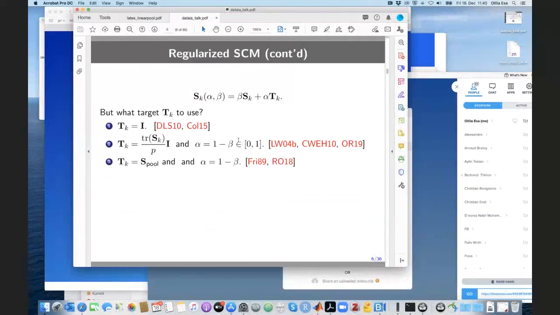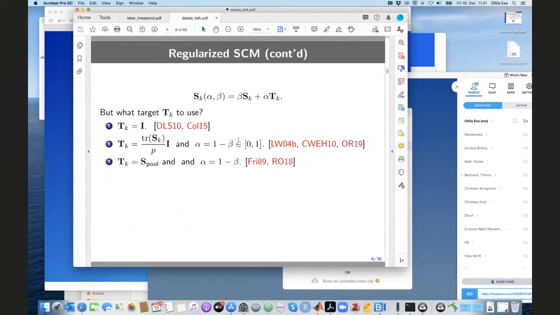And then the third approach takes into account the fact that we should take the knowledge from the other classes as well when we estimate the covariance matrix of the kth population. So one idea proposed by Friedman in 1989 was to shrink the sample covariance matrix towards the pooled estimate.